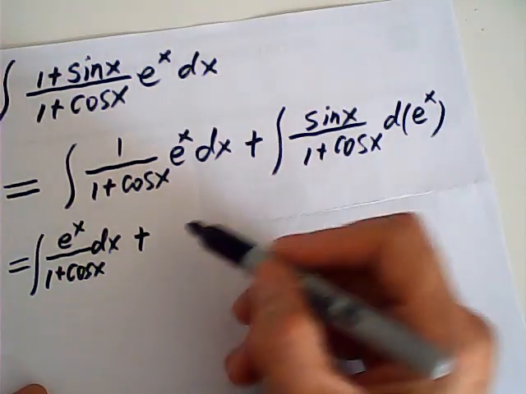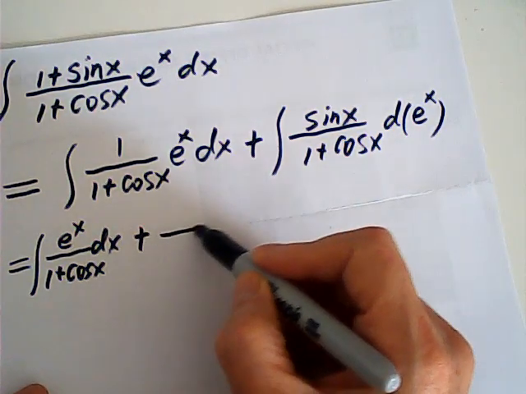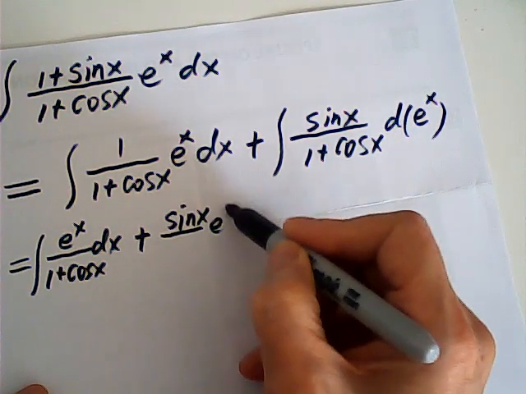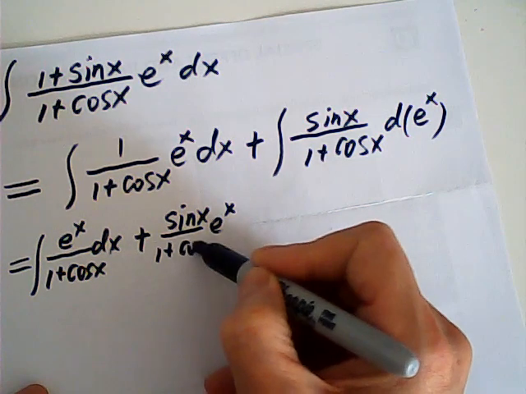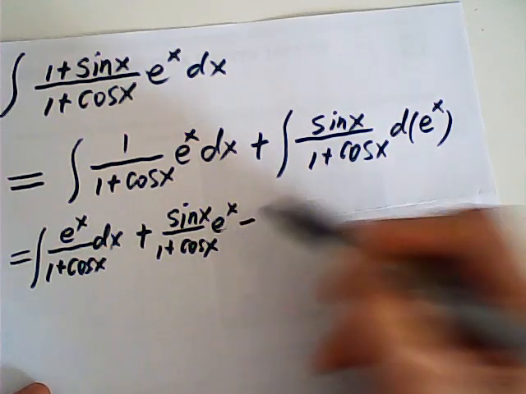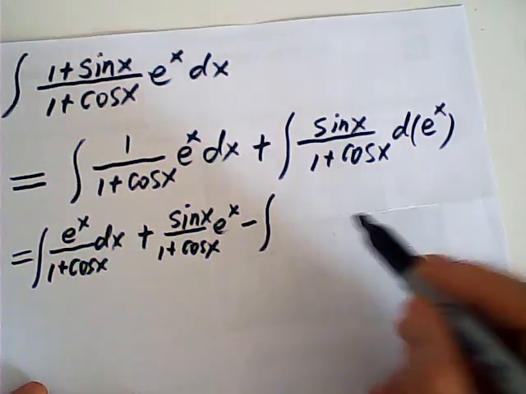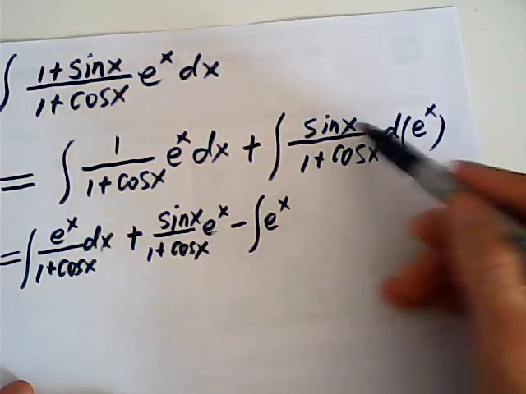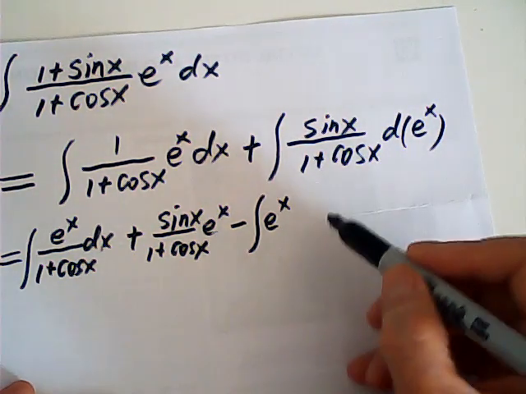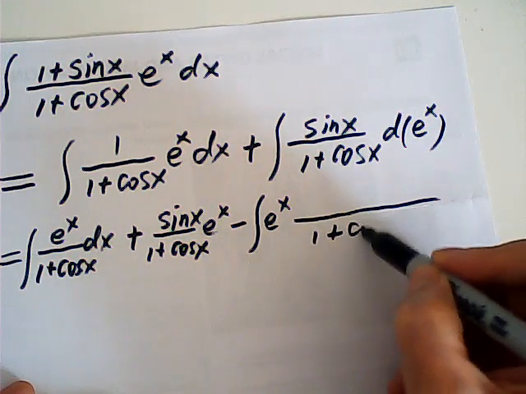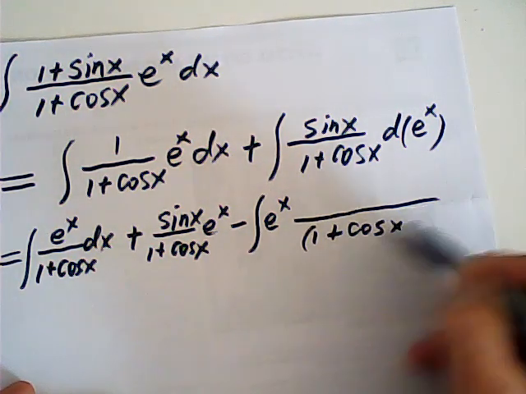u dv is equal to uv. u is this, sine x over 1 plus cosine x, e to the x. That is u times v, minus the v times du. v is this. du is the derivative of sine x over 1 plus cosine x. That will be over 1 plus cosine x squared.